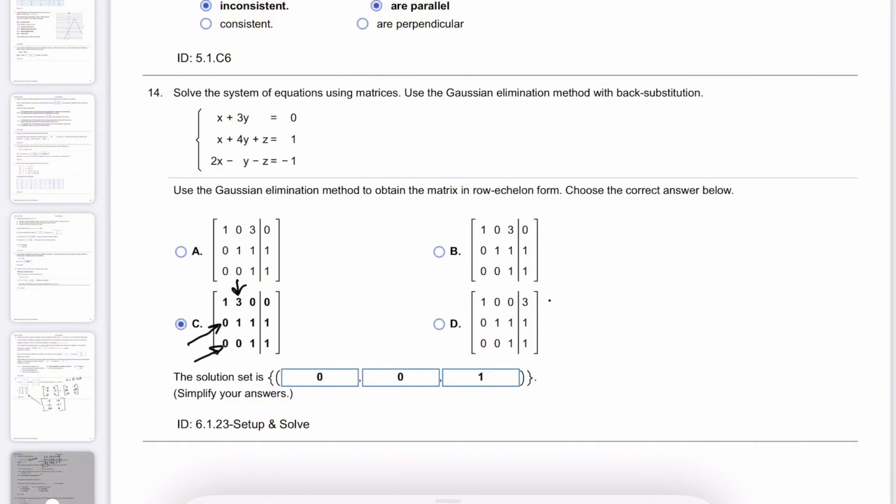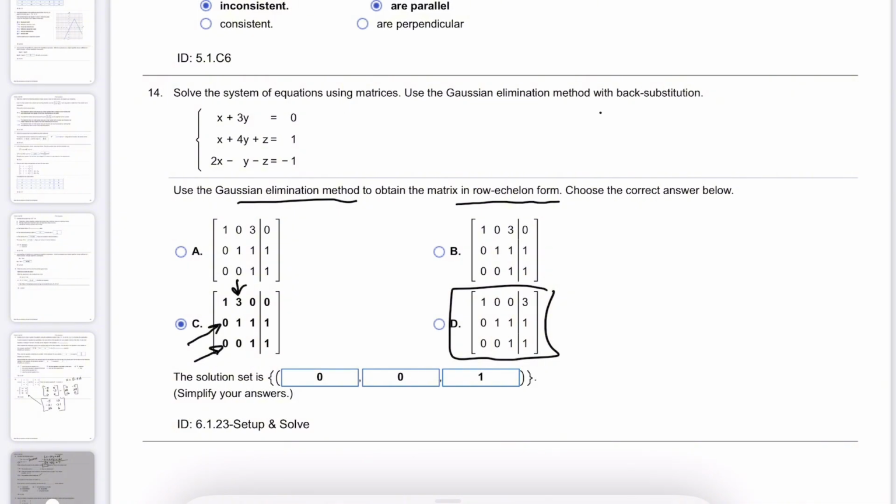And this one might be a little tricky, this one right here. But Gaussian elimination method, you're just obtaining the row echelon form, so you don't have to have zeros in all of those places. So you just work it out as best you can.